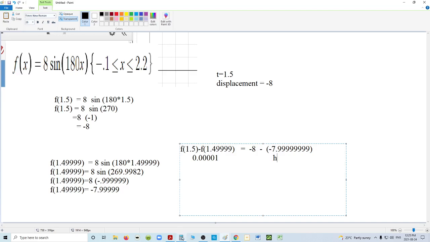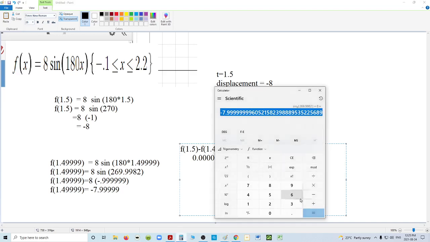So if you take your calculator, you're going to discover that it comes out to this. And this is a big value to the exponent, times 10 to the exponent of negative 9. And then when you divide it by your h, you're going to get this.